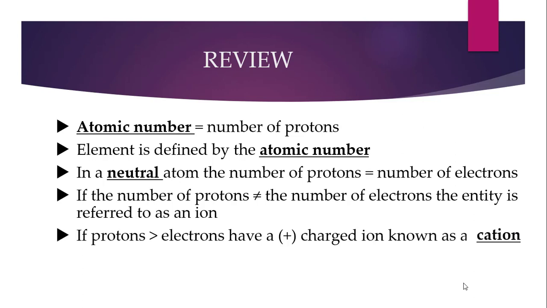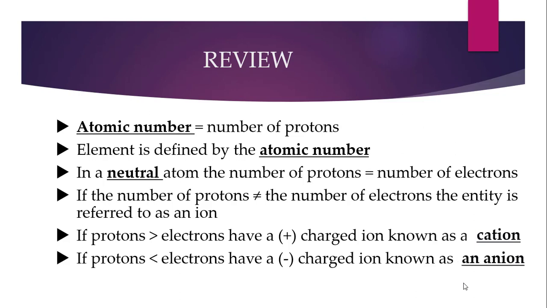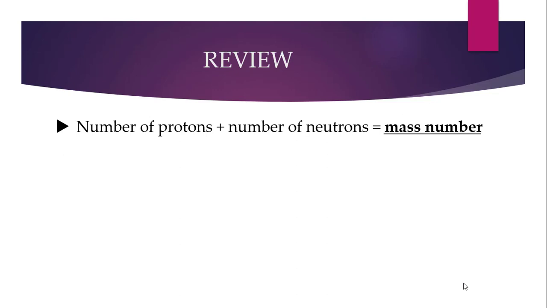If the protons outnumber the electrons, you will have a positively charged ion. That's called a cation. If the protons are less than the electrons, you'll have a negatively charged ion known as an anion. And the ionic charge equals the number of protons minus the number of electrons. The number of protons plus the number of neutrons is known as the mass number.